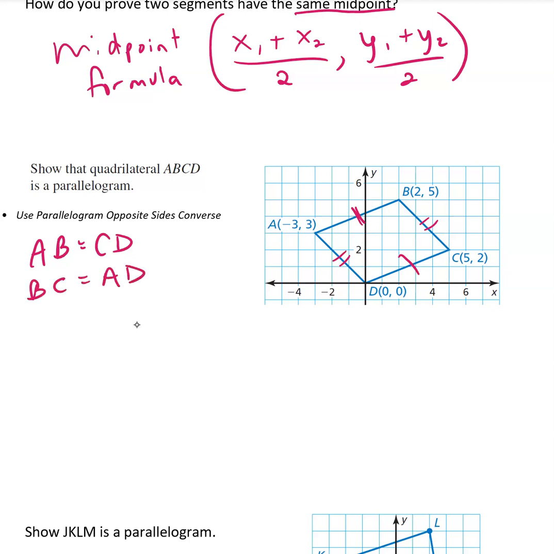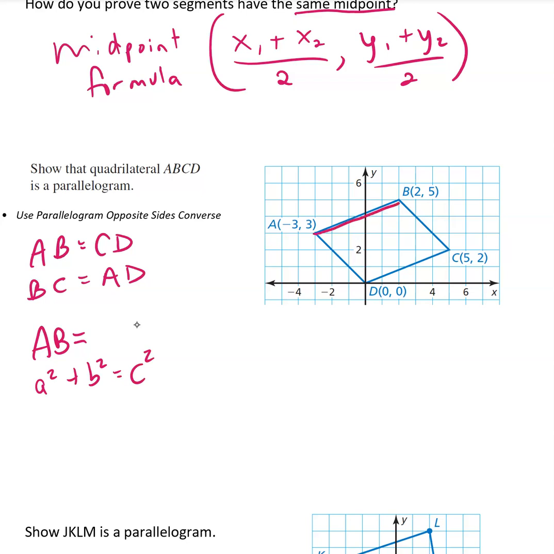Well, if we want to show that those are equal, we need to find their lengths. So we're going to start out, since we have a coordinate plane, I'm going to go ahead and use the Pythagorean theorem. So I'm going to start out by finding the length of AB. So I'm going to do a squared plus b squared equals c squared.